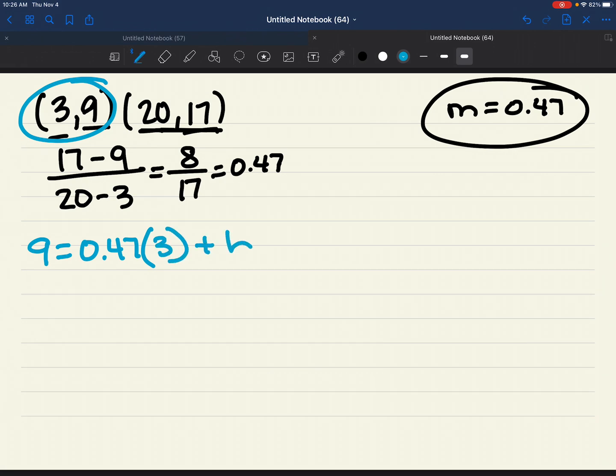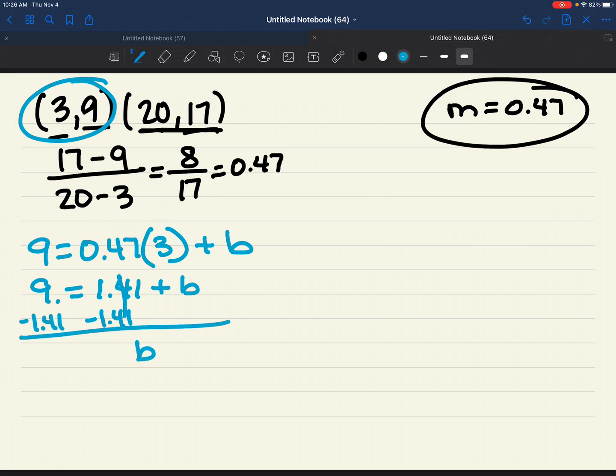Plus b. Okay? So 0.47 times 3 is going to give you 1.41. Then all I have to do to solve for b is subtract 1.41 from both sides. What value do I get for b?